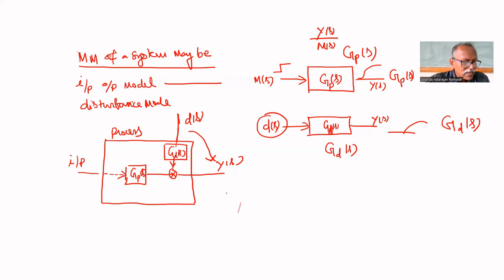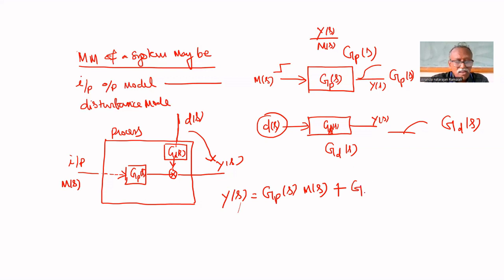Then what is the expression for Y of S? Y of S equal to GP of S multiplied by M of S, because M of S is the input. Manipulated variable is the input. Y of S is the output. Suppose the disturbance also comes in, then we have to add that response also.